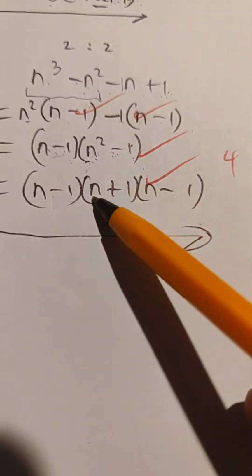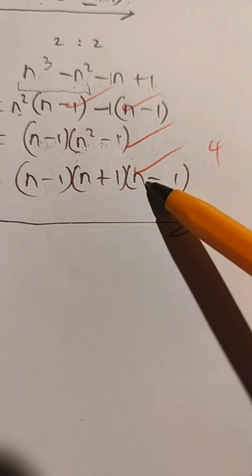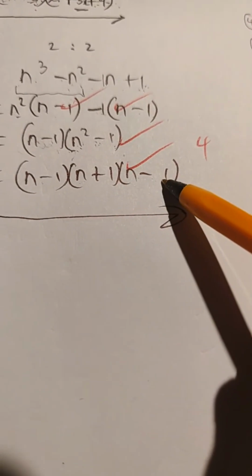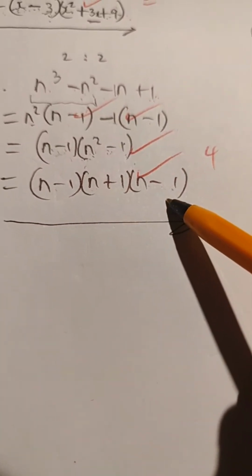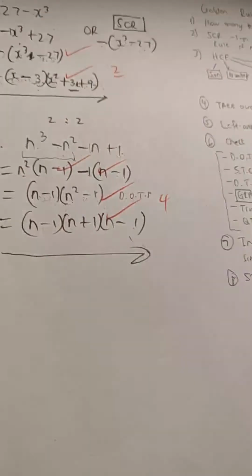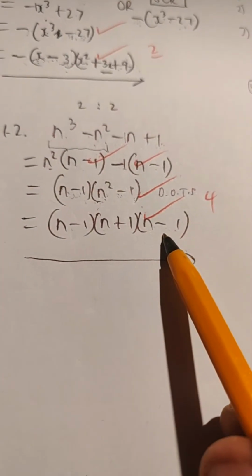That means you are going to write n and n for the first term in each bracket. You take the square root of 1, you get 1, which means you are going to write 1 and 1. That is factorized, n squared minus 1, because it is a difference of 2 squares. And that is the factorization.